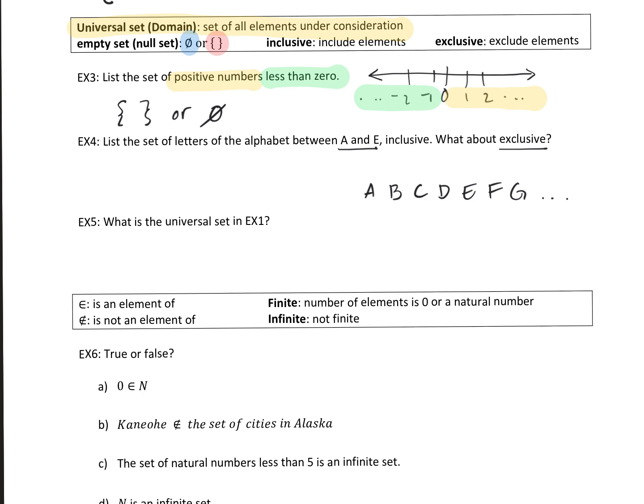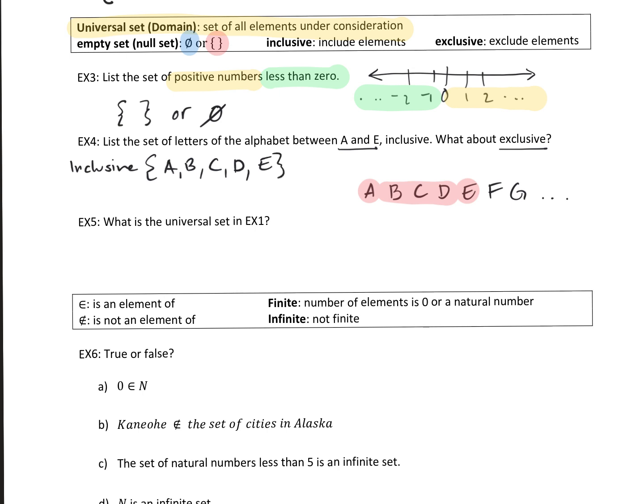Those are the alphabet letters. What are we trying to look at? We're looking at between A and E inclusive, so we're going to look between A and E and include it. So that set, the inclusive, would be A, B, C, D, and also including E.